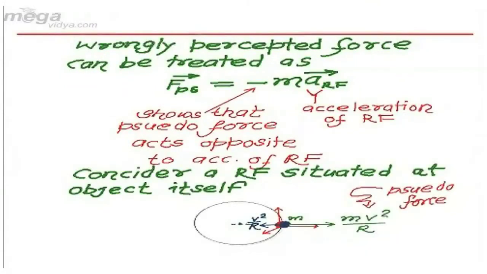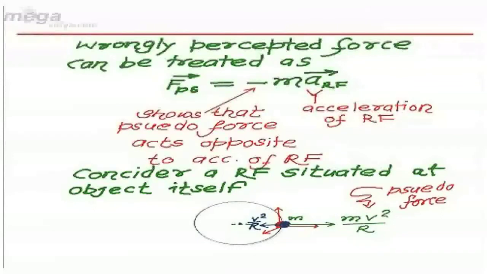So consider a reference frame situated at the object itself, and the object is moving on a circular path. If we assume this reference frame on the object itself, then obviously this reference frame is also revolving in this circular path, for which this reference frame will have a centripetal acceleration towards the center.